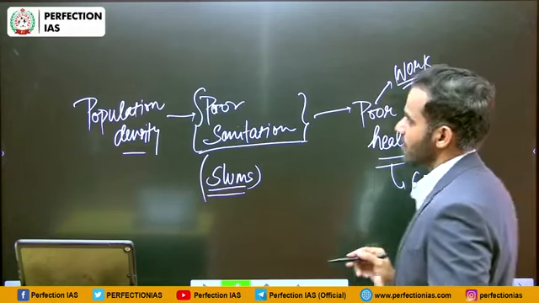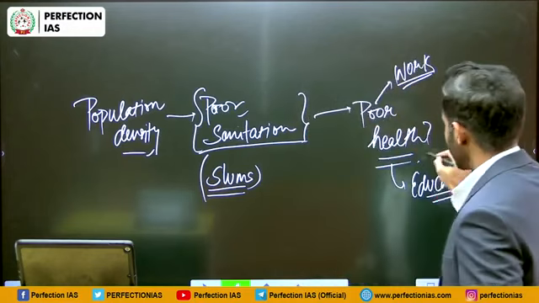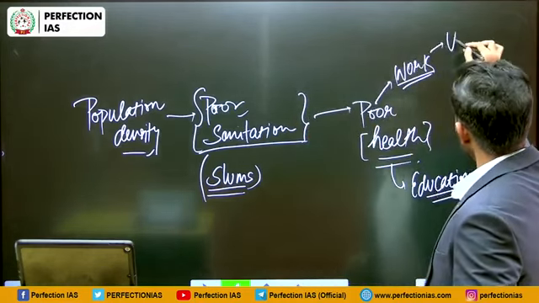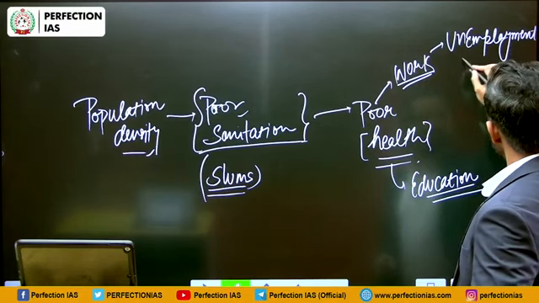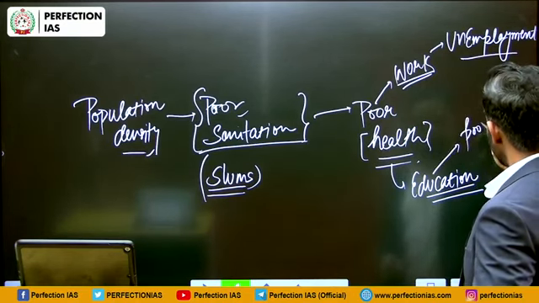So this is how population density is connected to sanitation, and sanitation is subsequently connected to health. Then it will lead to unemployment, and this will lead to poor skill and poor education.